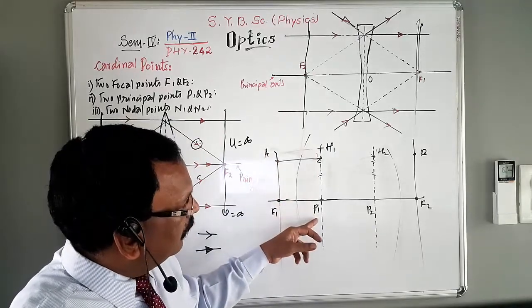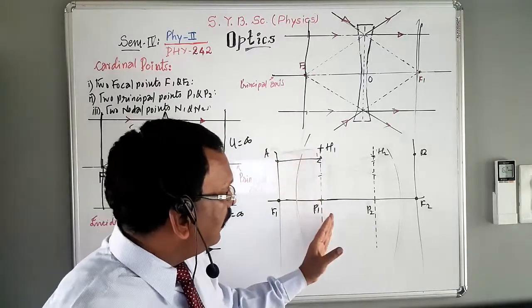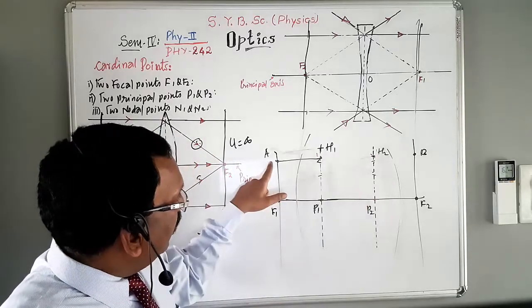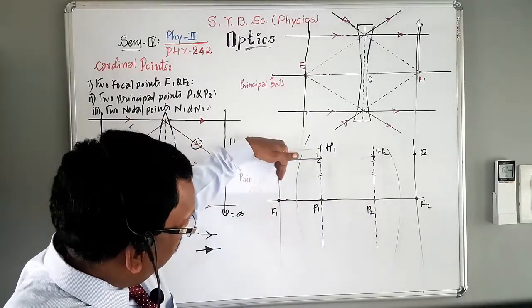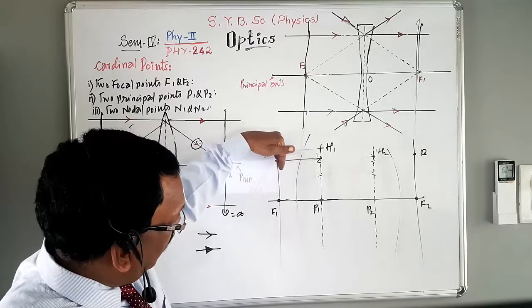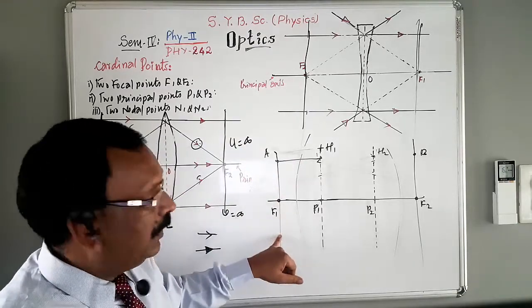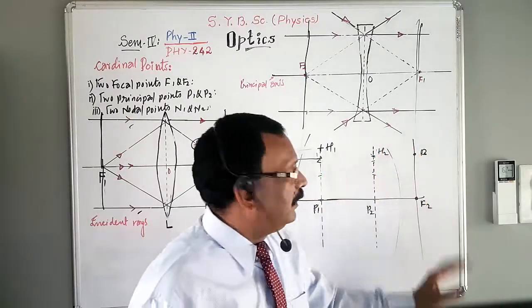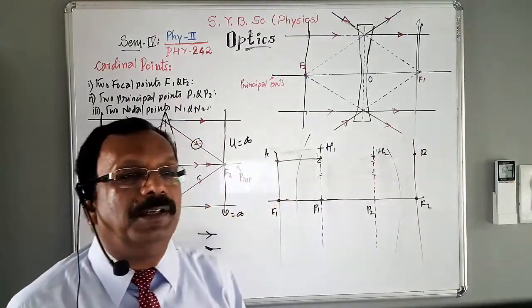H1 P1 is the first principal plane, H2 P2 is the second principal plane. The plane passing through the point A is the first focal plane, and B F2 is the second focal plane.